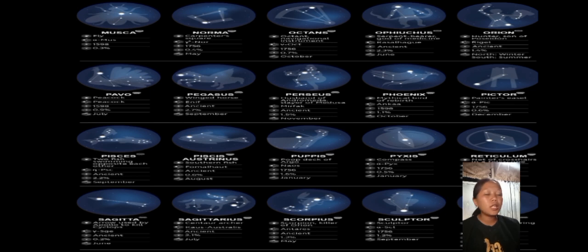Musca is a fly. Norma is a carpenter's square. And then Octans, an octant navigational instrument. Ophiuchus, serpent bearer, god of medicine. Orion is a hunter, son of Poseidon. And Pavo is a peacock.